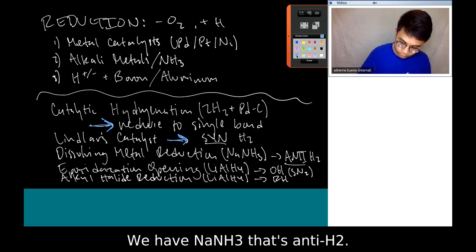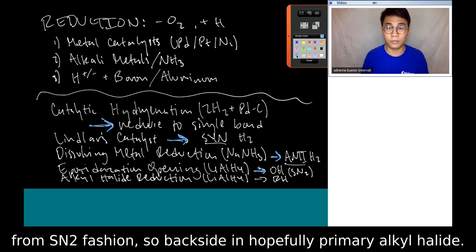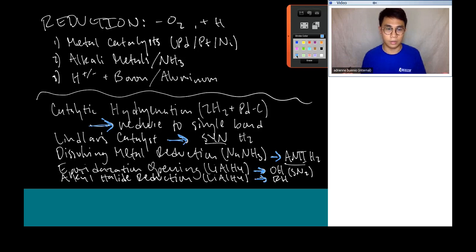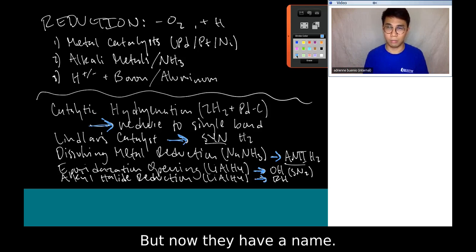We have Na/NH3 that's anti-H2, and then our epoxide opening, it opens in an SN2 fashion, so backside, and the primary, hopefully primary alkyl halide, and then we have the RH over here, which is no big deal, right?